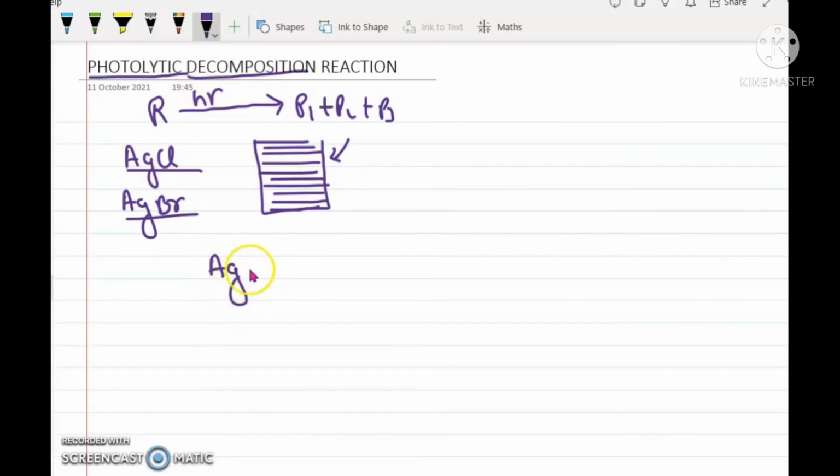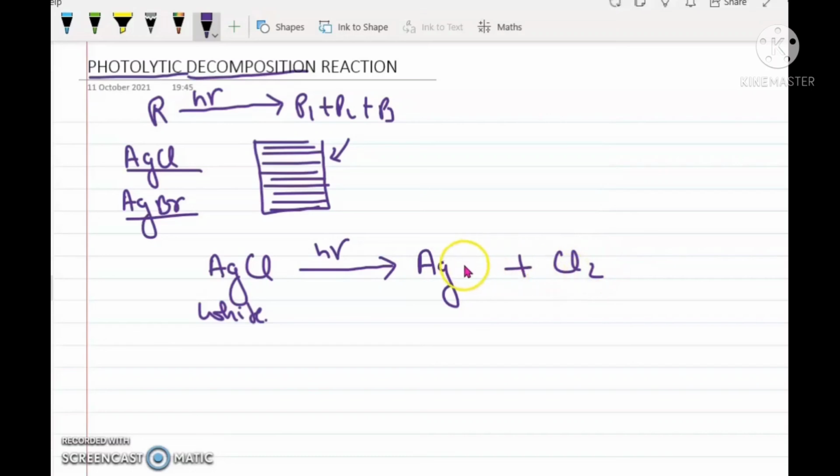AgCl, which is silver chloride, is white in color, and this AgCl, when exposed to sunlight, decomposes and forms 2 products, which are Ag and chlorine gas, your silver and your chlorine gas.